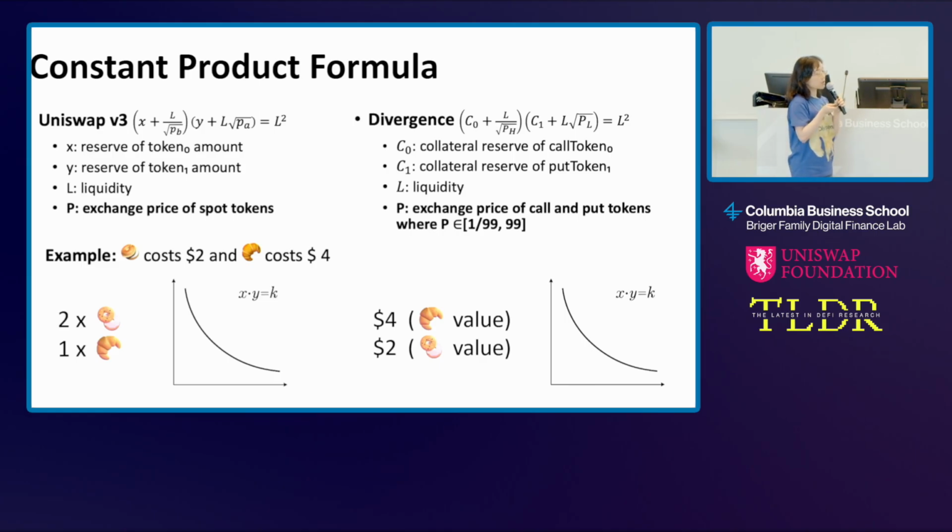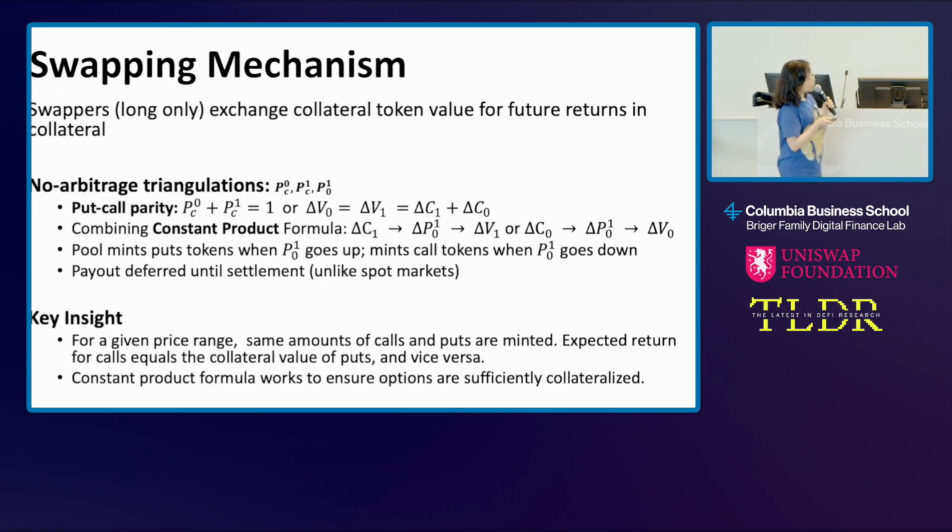To use a real-world analogy, essentially on a Uniswap pool you will be swapping bagels to croissants. That is a spot market. In a binary options pool like Divergence, you'll be swapping dollar amounts to dollar amounts. Which doesn't make sense, except that in an options market, every swapper is expected to exchange a collateral token for expected returns in collateral, so the payoff is delayed until settlement.